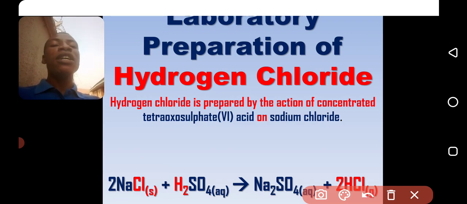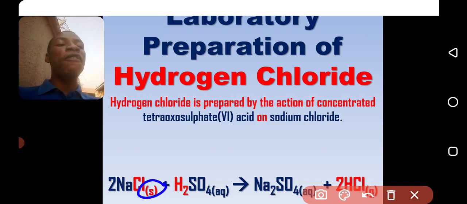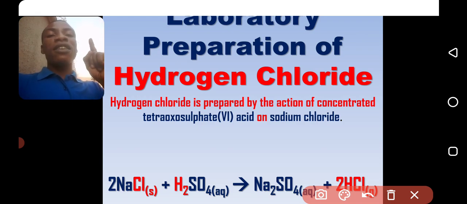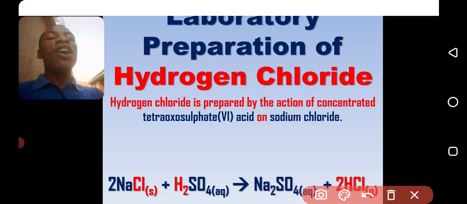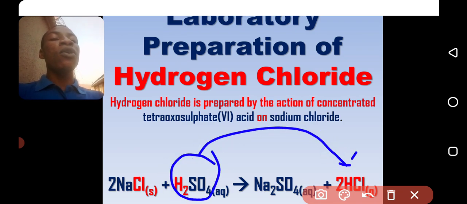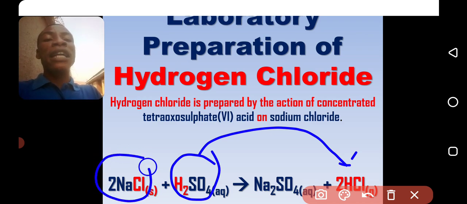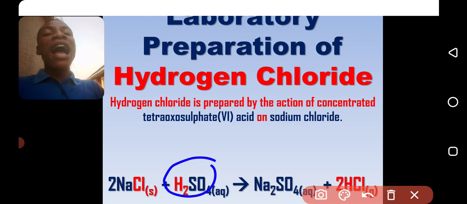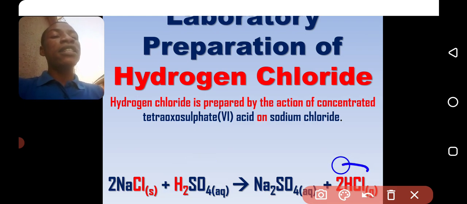Now mind you, the NaCl must be in the solid form, and this reaction is possible because H2SO4 is a stronger acid than HCl. So I can use sodium chloride to produce HCl, because H2SO4 is a stronger acid and it has a higher boiling point than HCl.